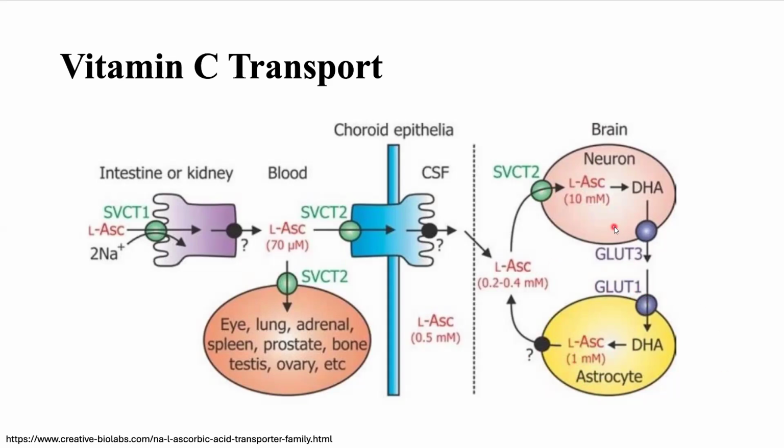Over here you can see DHA is produced, so the neuron is excreting that, and the astrocyte takes up that DHA, converts it back into ascorbic acid and gives it back to the neurons. So it is helping the neuron do its function. That's why we call them helping cells. This was the basic overview of vitamin C and how it is transported throughout the body.